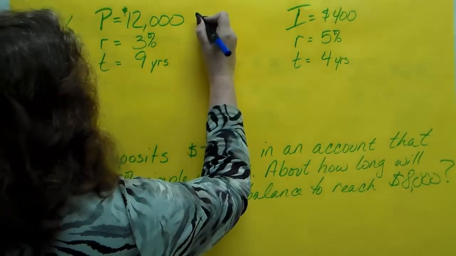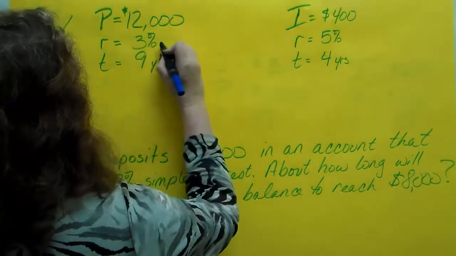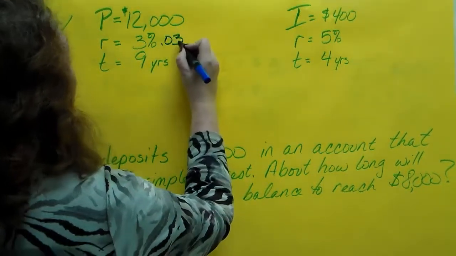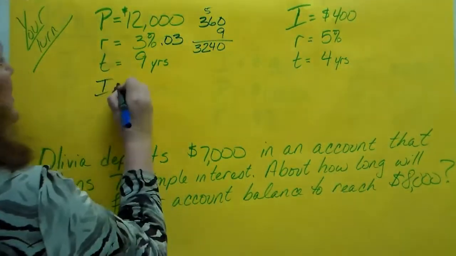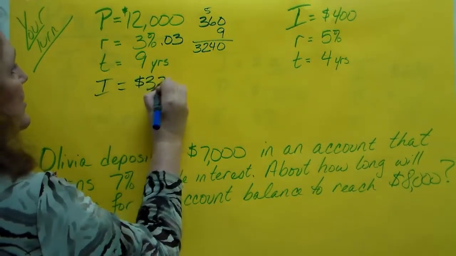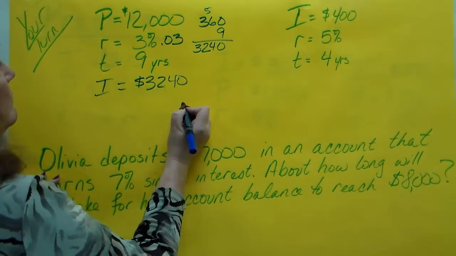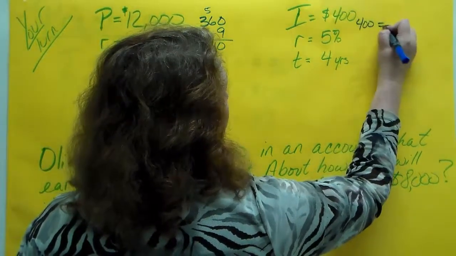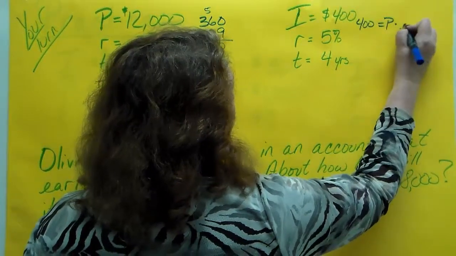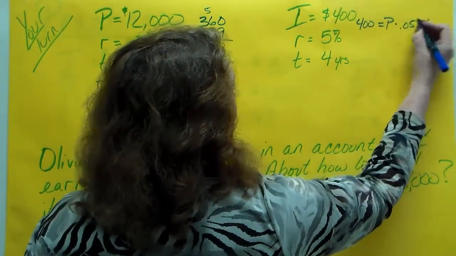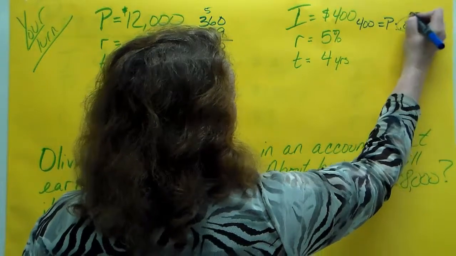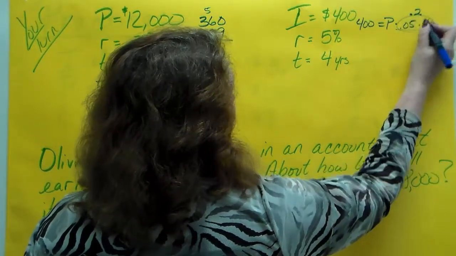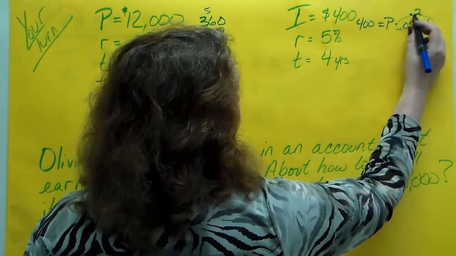All right, I'm going to try and do these quickly. 12 times 0.03. So my interest here is 3,240. Here I've got 400 equals P times 0.05 times 4. This is 0.2, because that's 20 with 2 decimal points.